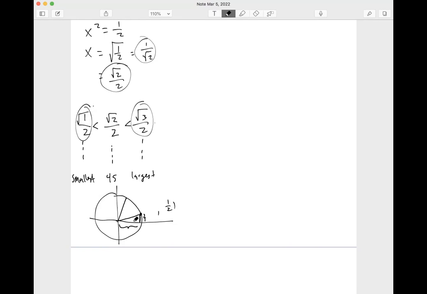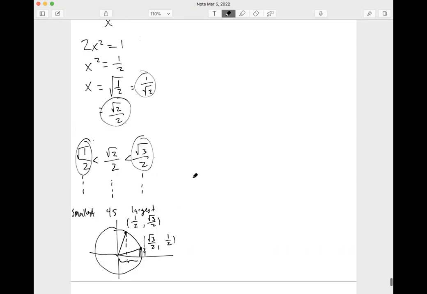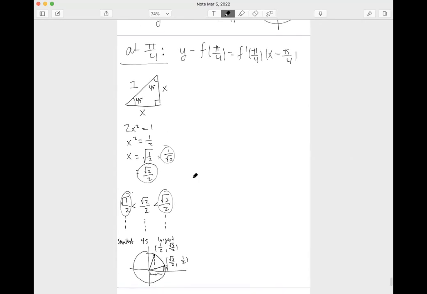And since I'm pretty far away from the origin, my x value is bigger. If I'm up here, high up on the plane, it's radical 3/2, and I'm closer to the y-axis, that makes me 1/2.